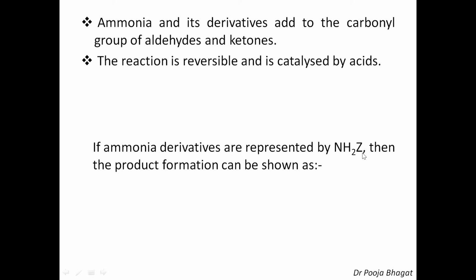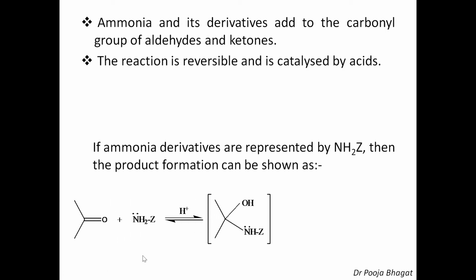By varying the Z, I can write down the various amino derivatives. Firstly, we will discuss it by taking the general formula NH2Z, and afterwards we will discuss what the various values of this Z are. Okay, so this is the ammonia derivative.